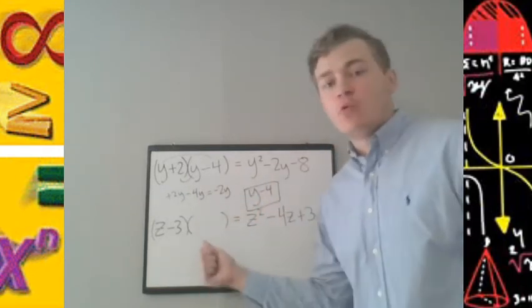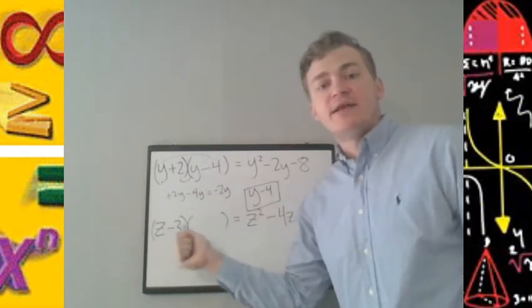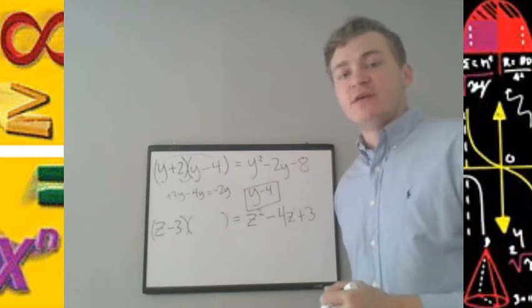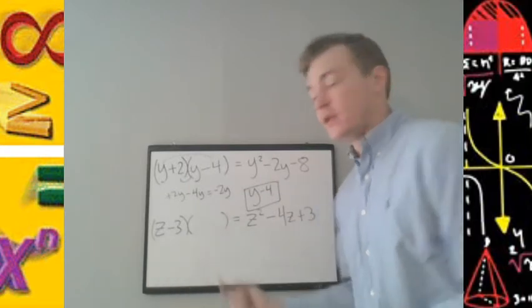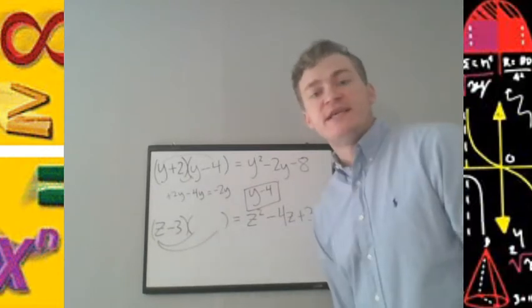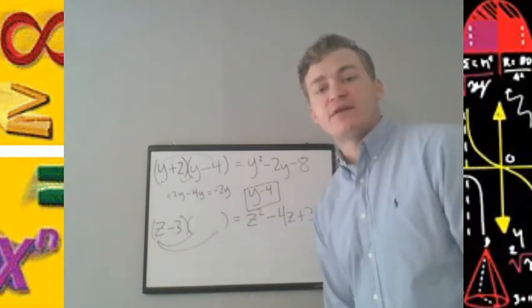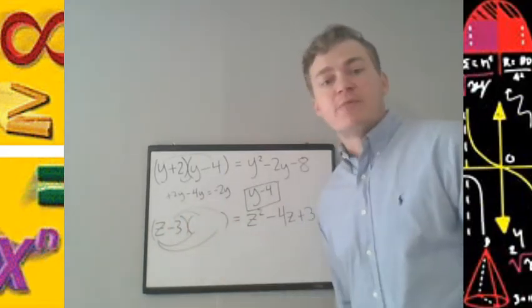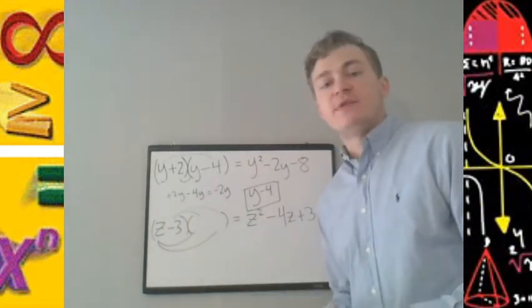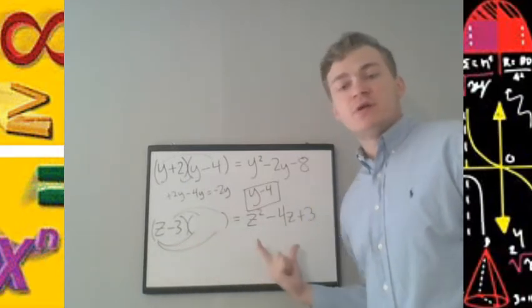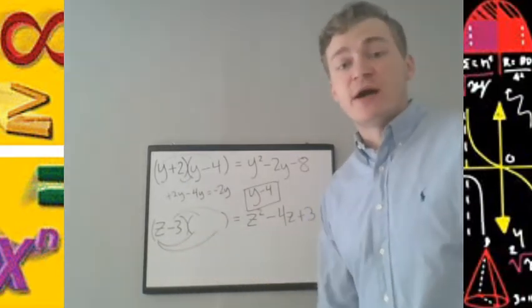For the next example, what could we multiply to z minus 3 in order to get z squared minus 4z plus 3? Again, think about distributing. We're going to distribute the z into our missing factor. We will distribute the minus 3 into our missing factor. We assume the missing factor is a binomial because often the product of two binomials will simplify down to a trinomial.